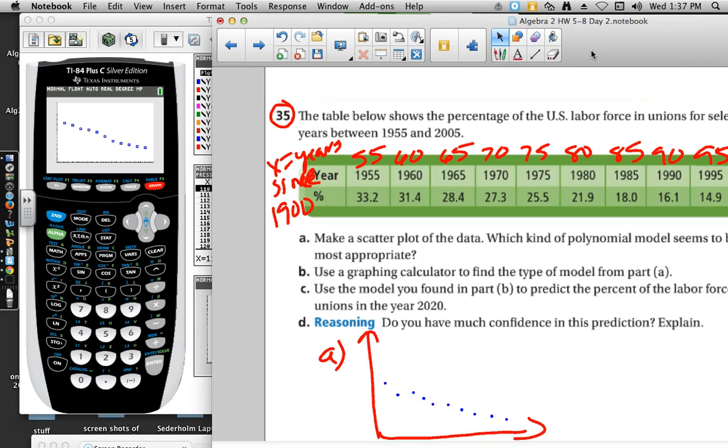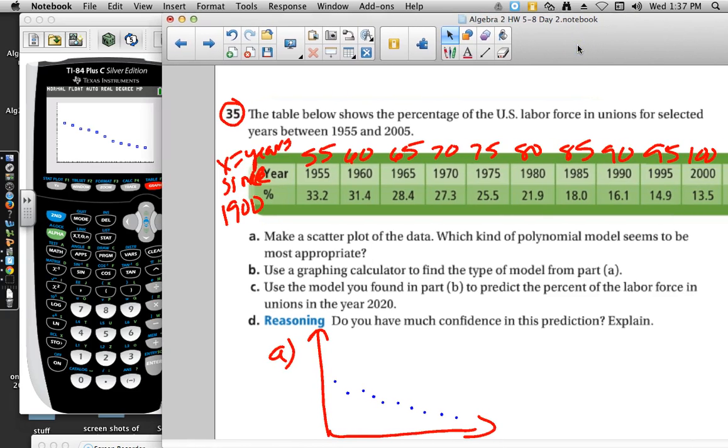So when it says make a scatter plot of the data, what kind of polynomial model seems to be most appropriate, they're asking us what we want to try. And since this has so many points on it, and it isn't exactly a line, I think I'm going to go with a cubic and give that a try. So for A, once I see the points, I'm going to try a cubic.